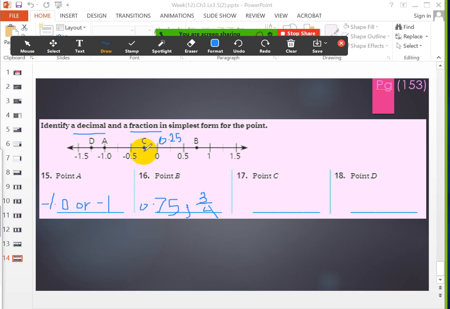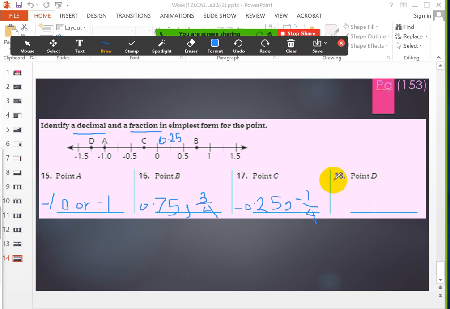That means this number is the first number after 0 on the negative side, so it will be negative 0.25. If I want to write it as a fraction, the distance between 0 and negative 1 is 4 parts, the same thing, and I jump only 1 of 4. That means negative 1 over 4.